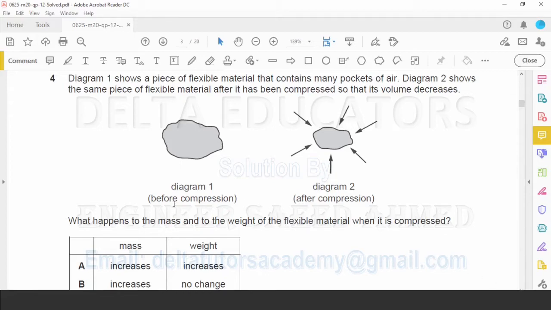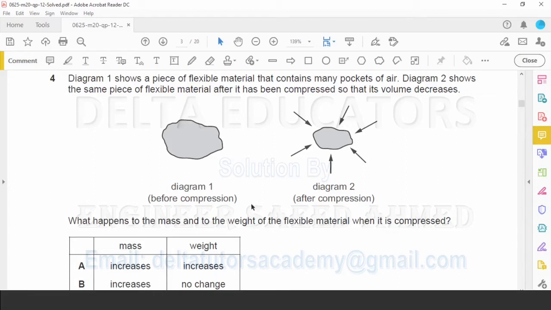So here mass in diagram 1 and diagram 2 will be same. What about the weight? Weight is given as product of mass and acceleration due to gravity. Now mass is constant here and acceleration due to gravity, or also we can say gravitational field strength, will also be constant because the experiment is carried out in the same gravitational field.